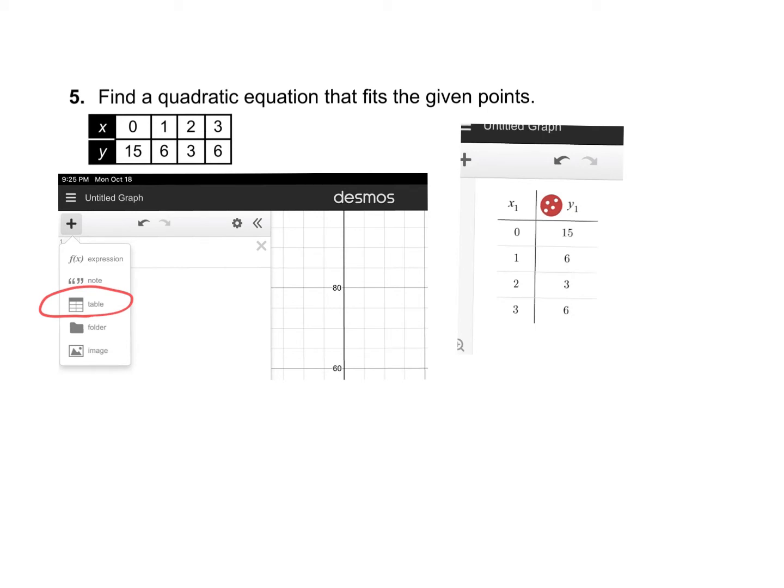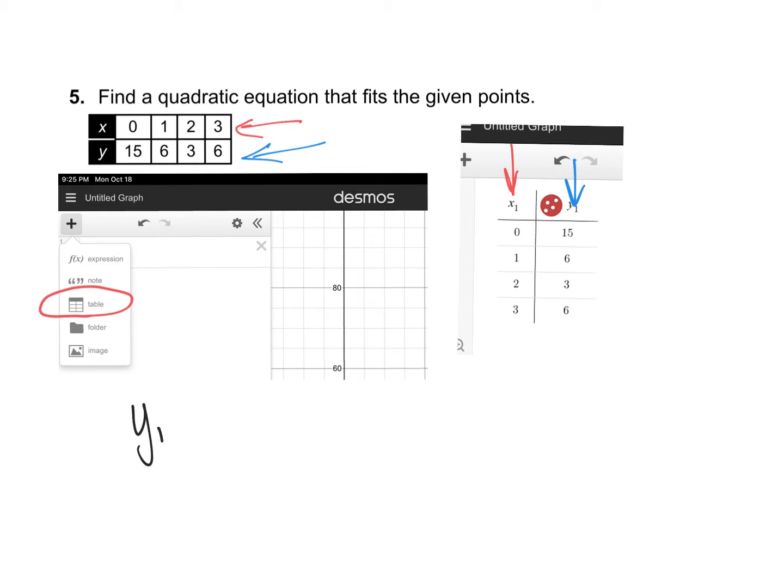All right, so I enter the table of values. After I've pushed table, I enter the table of values, and the X values here match the X values here, and the Y values here match the Y values here. Then we have to put in this special formula, and the special formula looks like this.